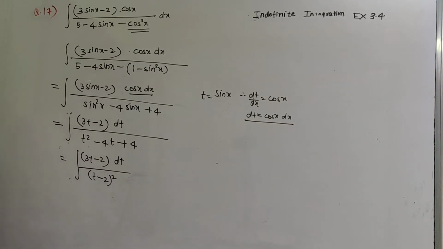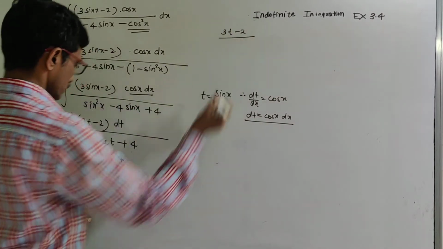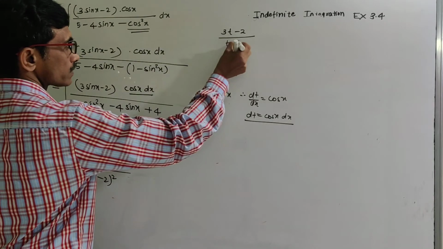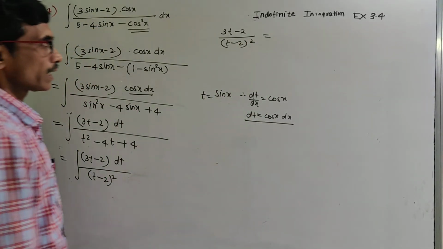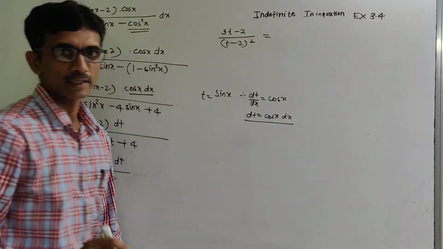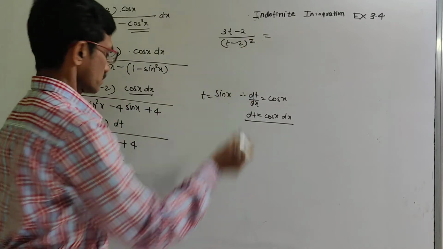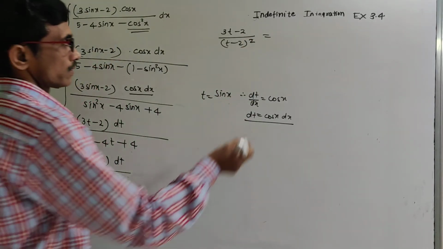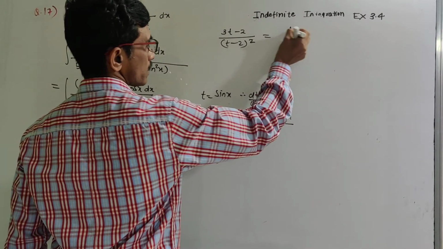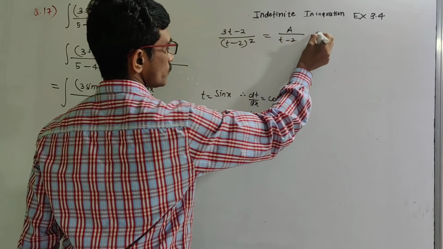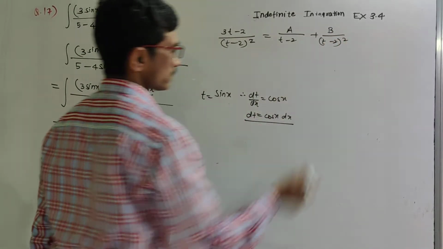Now we put in the partial fraction 3t minus 2 upon t minus 2 whole square. This is a repeated linear factor, a linear factor but repeated 2 times, so it belongs to that type, that is repeated linear factors: a upon t minus 2 plus b upon t minus 2 square.